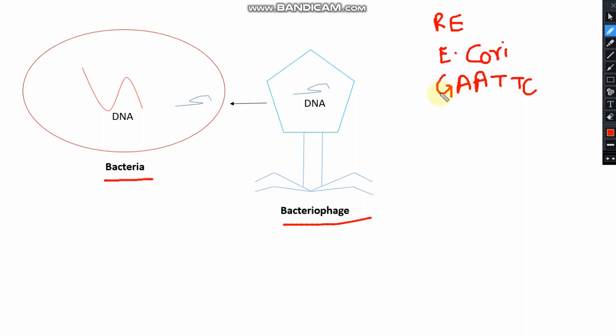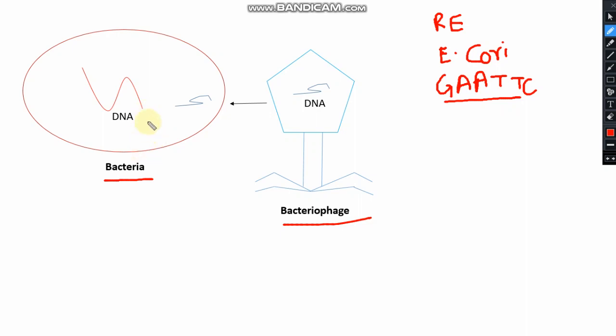Whenever they find this kind of sequence, they just recognize it and cleave it. Now the question is that this kind of sequence may also be present in the bacterial DNA, right? The restriction enzyme's job is only to recognize and cleave. So whether it is foreign DNA or their own DNA, they will recognize and cleave it. If that happens, the bacterial DNA would also be susceptible to this process, right?